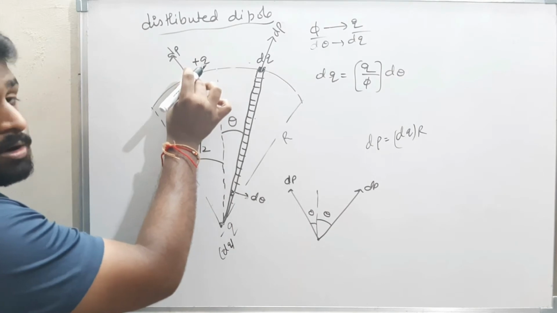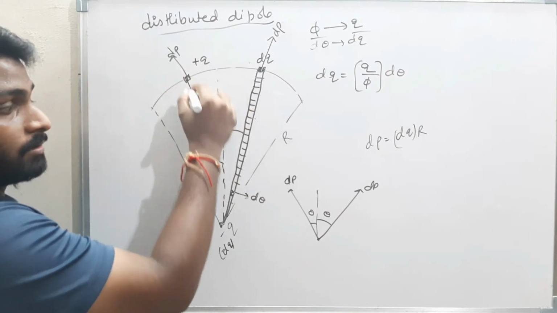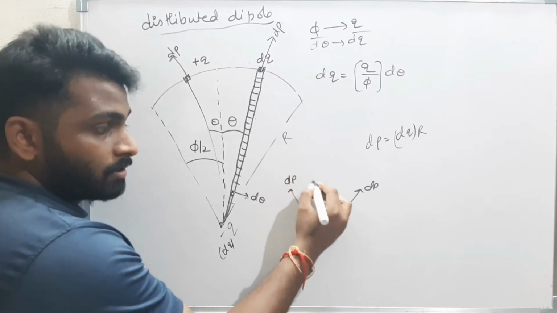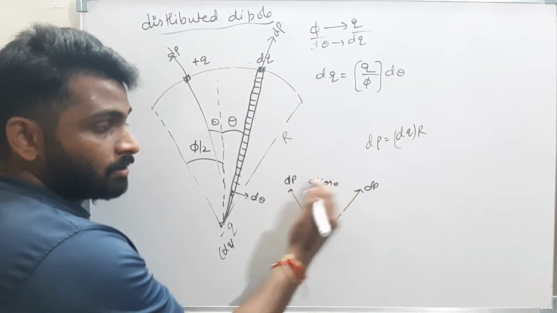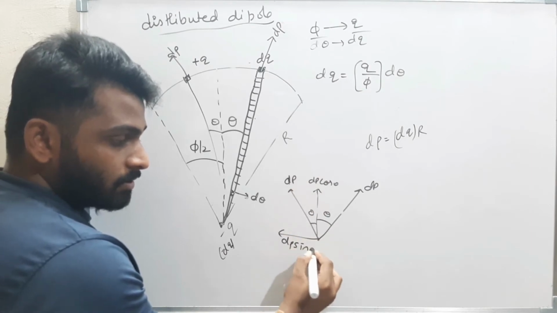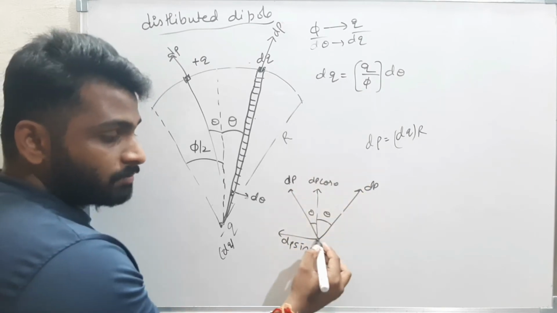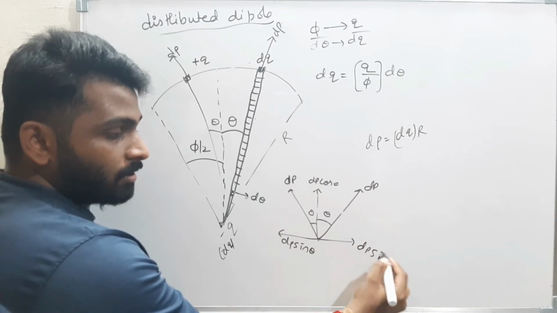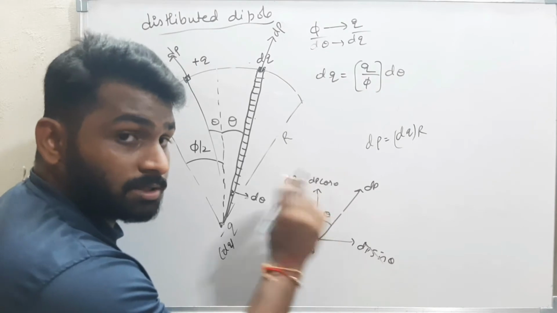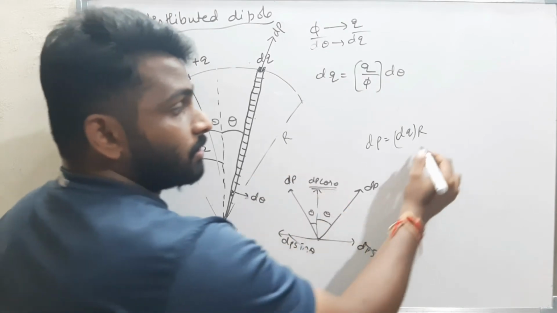I am assuming the same small dq beside. Now I am resolving the components. This is dp cos theta, and this is dp sin theta. For this also I am resolving the components. This is dp sin theta, cancelled off. What is the only component? The only component remaining is dp cos theta.